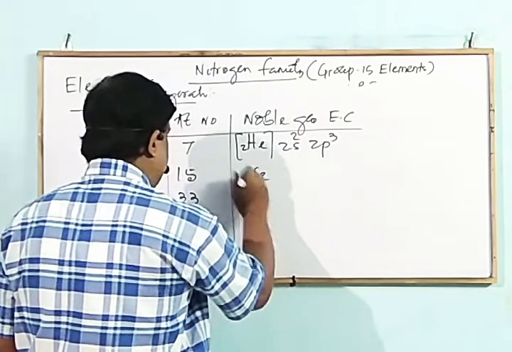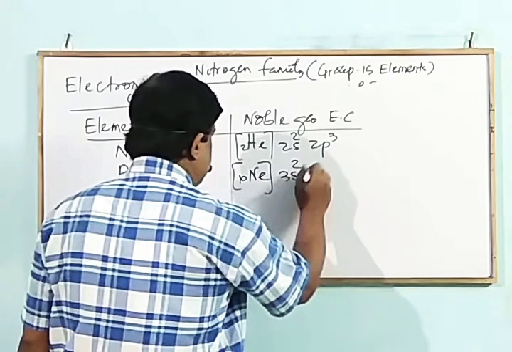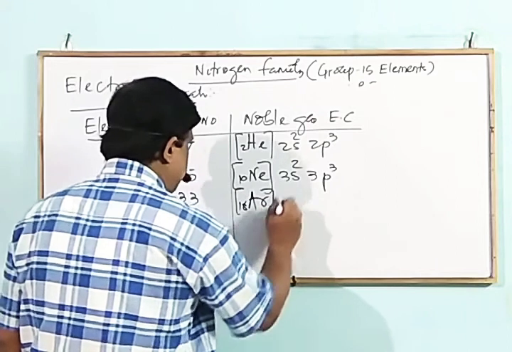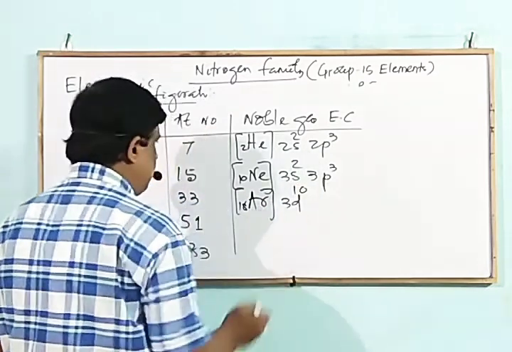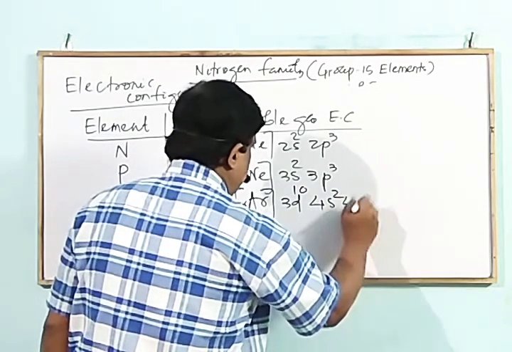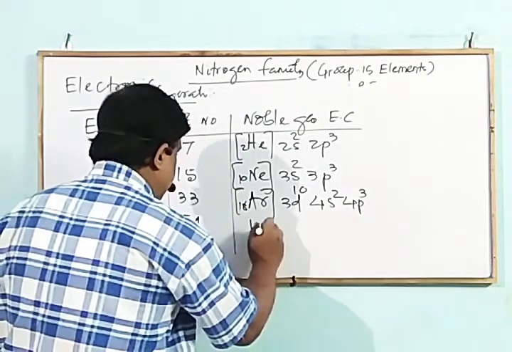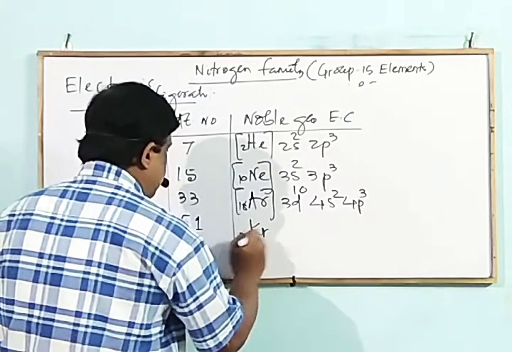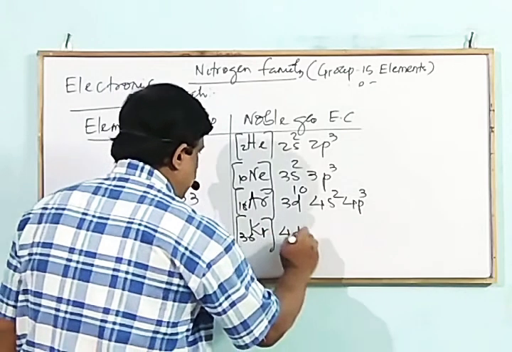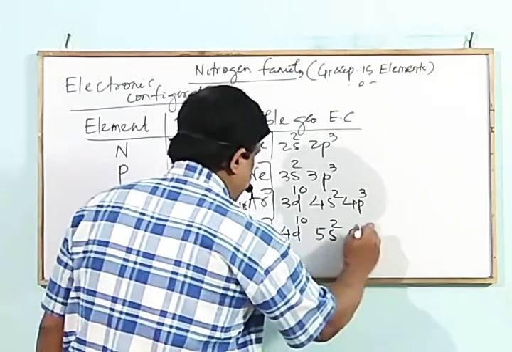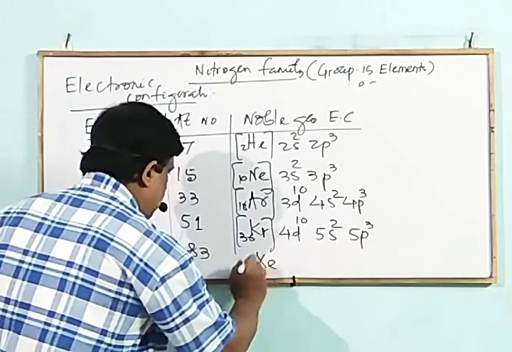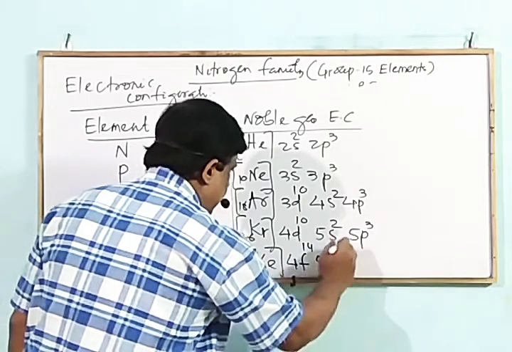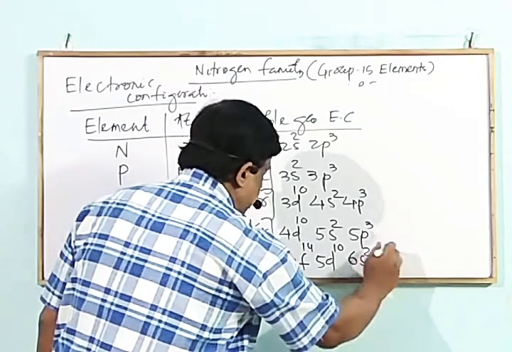Next, neon 10, 3s2, 3p3. Argon 18, 3d10, 4s2, 4p3. Krypton, 4d10, 5s2, 5p3. Xenon 54, 4f14, 5d10, 6s2, 6p3.